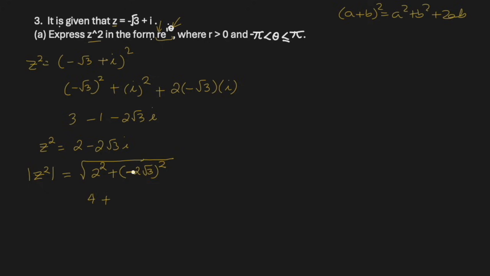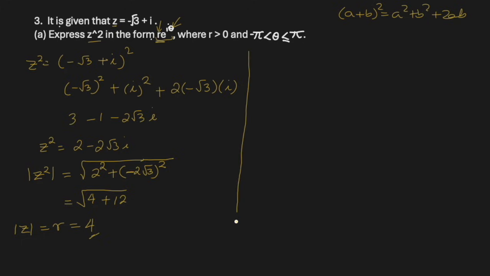And because negative is being squared, it will be 4 times 3, 12, which is square root 16, right? So r, which is the modulus of z square in this format, is 4.